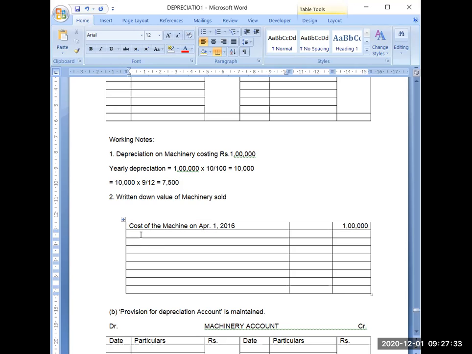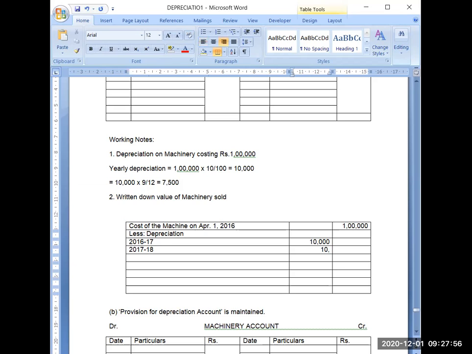Now we will charge its depreciation. Less depreciation. First year will be 16-17 and its 1 year depreciation will be 10,000 simply. Then next year will be 2017-18.